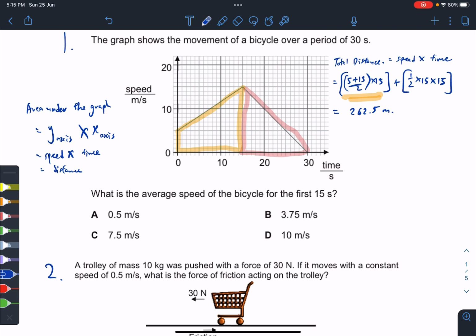If you recall, there's a formula that says average speed is the total distance divided by time, which in this case is 262.5 divided by 30 seconds.